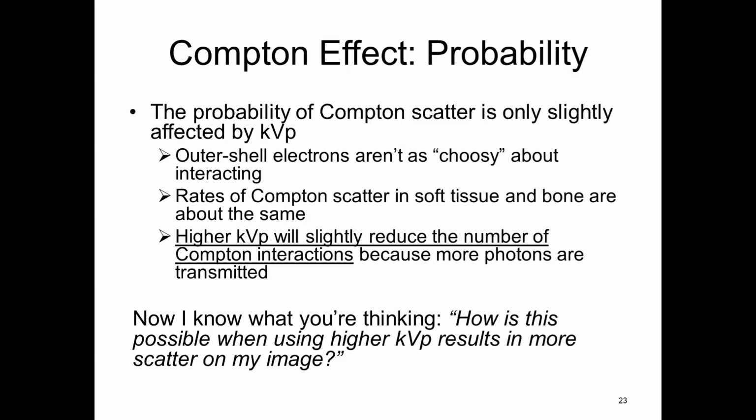It's just banked off a little particle, and it goes off in a new direction with less energy than it started. It becomes a Compton scatter photon at that point. And these outer shell electrons are not as choosy about interacting with X-rays like the inner shell is. The end result of that is the odds of Compton scatter in soft tissue and in bone are about the same.